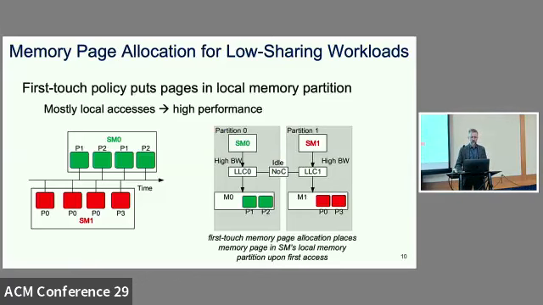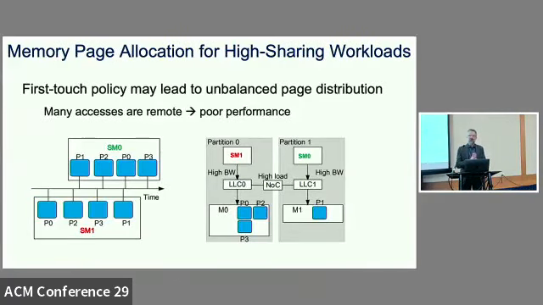Now, if you have a high-sharing application, what we found was that with a first-touch policy, you may end up with a significantly unbalanced page distribution. Some partitions may have more shared memory pages, and as a result, many of the accesses will be remote, and of course, you have poor performance.